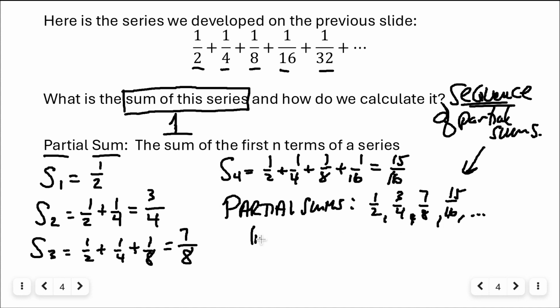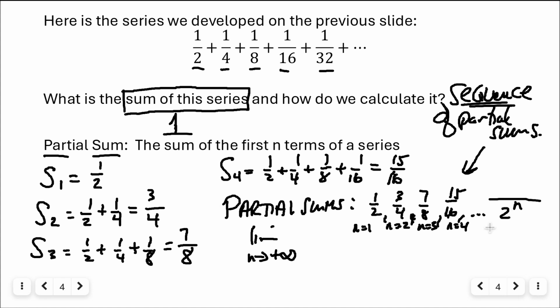If we could take the limit as n goes to infinity of this sequence, then we can determine whether or not this series will converge or diverge. So what we need, though, is an nth term for this list of partial sums. So n equals 1, n equals 2, here's n equals 3, here's n equals 4, and we can find it. The bottom is pretty easy to find: 2, 4, 8, 16. We're going up by powers of 2.